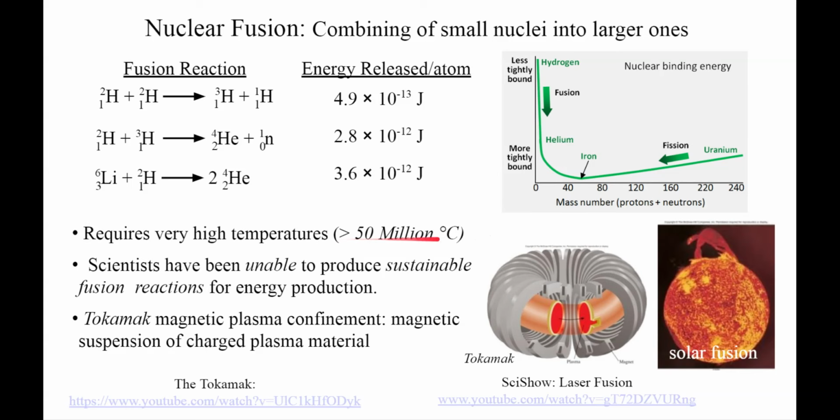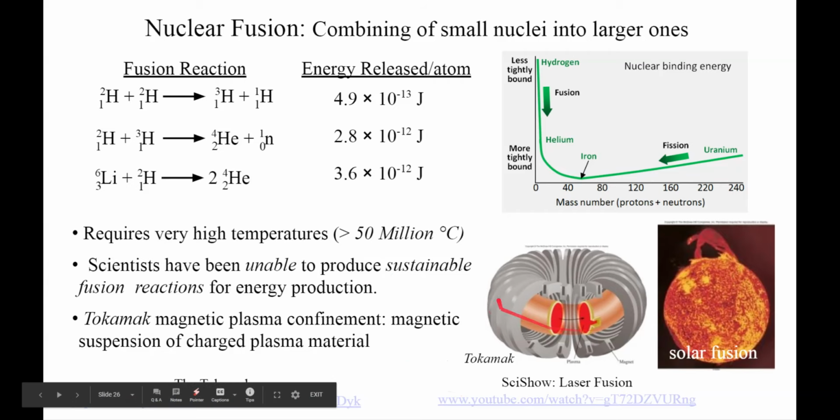But there's some big problems. Nuclear fusion requires crazy high temperatures, in the tens of millions of degrees. You know, the sun can do it because it's incredibly massive, and it can maintain those temperatures. But for us, it's really hard to get this to sustain. We've been able to do it. One video you could watch is on the tokamak.